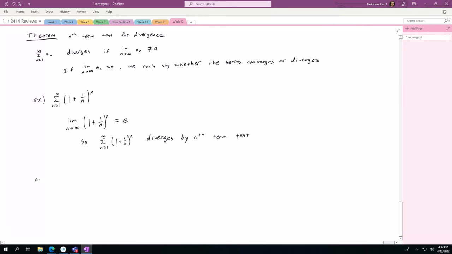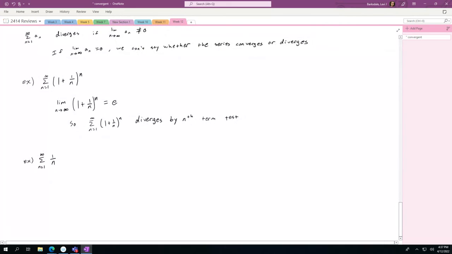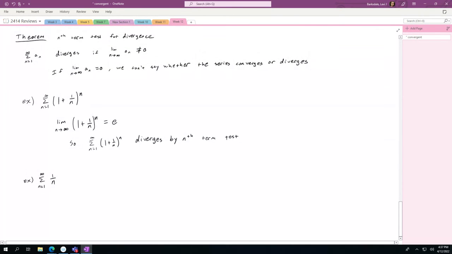All right, so now let's actually take the divergence test, or the nth term test, and apply it to our nice 1 over n. So what should I do in this case? I just want to apply my nth term test to it.